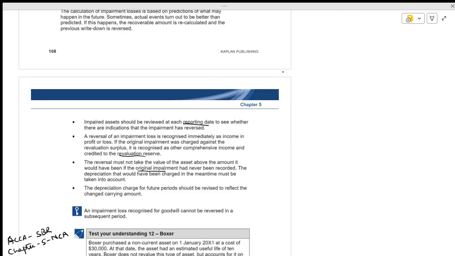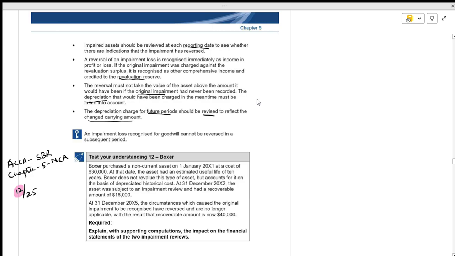We have to compare how much impairment has happened, and the depreciation charge for future periods should be revised to reflect the change in carrying amount. This is where it makes sense.